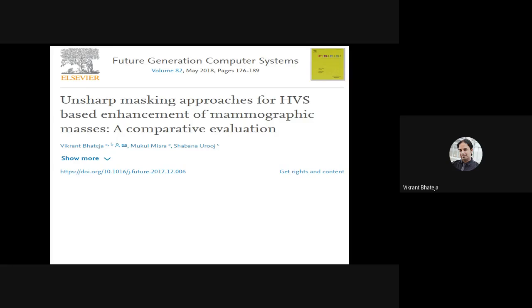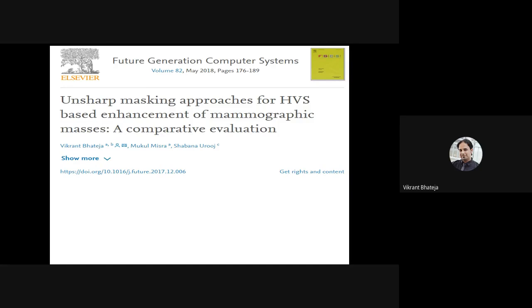So for further study in this, you can refer to my paper, which is published: Unsharp Masking Approaches for HVS-based Enhancement of Mammographic Masses, a Comparative Evaluation. This paper of mine is published in Future Generation Computer Systems. It compares how mammographic masses can be tested with different types of unsharp masking approaches.